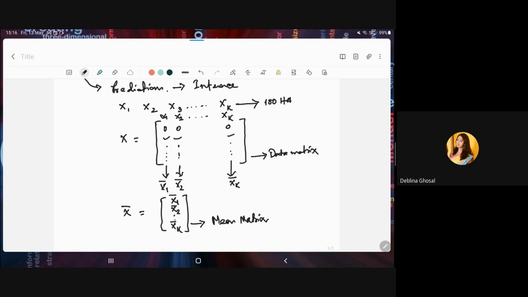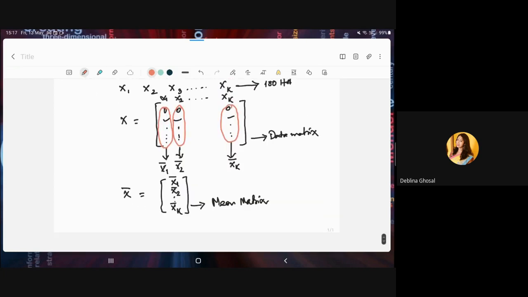Okay. Similarly, from the same X matrix, from these same values, you can find out the variance of the first variable, the variance of the second variable, the variance of the kth variable.